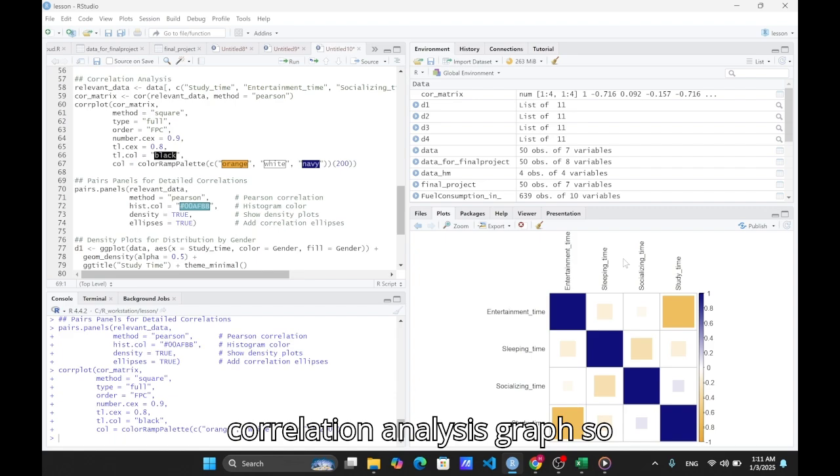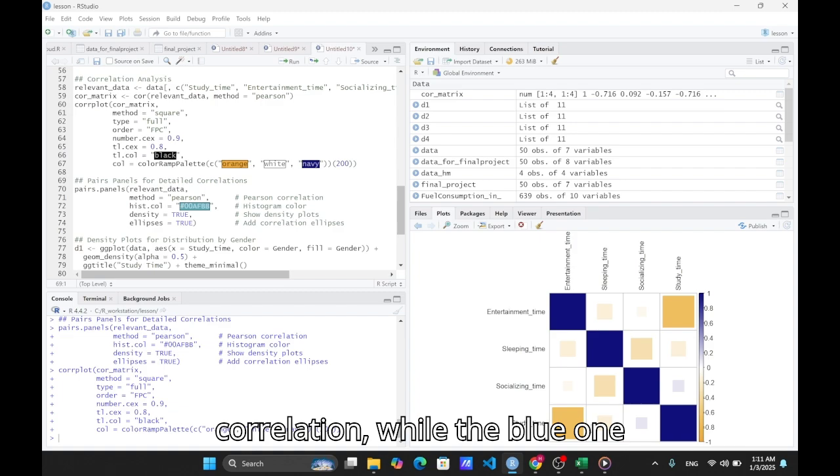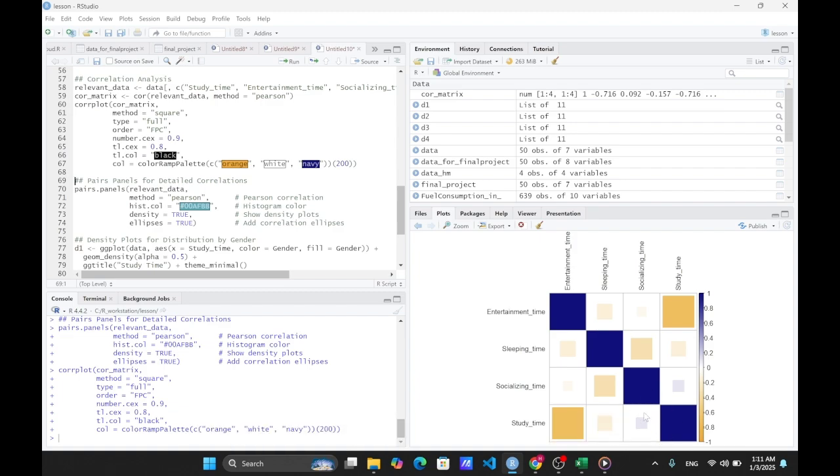This one is the correlation analysis graph. From this graph we can see how the variables relate to each other. The yellow one represents the negative correlation, while the blue one represents the positive correlation.